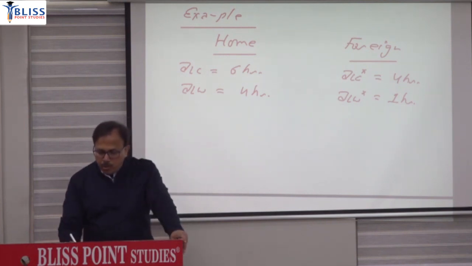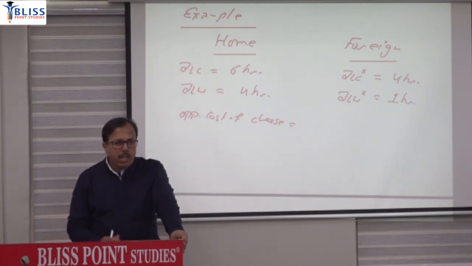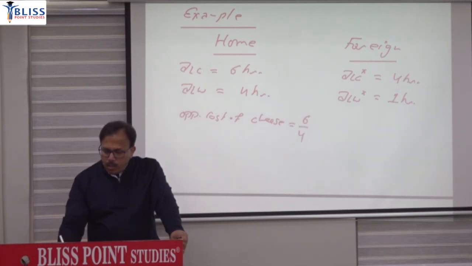So how to measure the opportunity cost? Calculate here opportunity cost of cheese. What will be opportunity cost of cheese here? ALC by ALW. So that will be 6 by 4. Calculate opportunity cost of cheese in foreign country. What is the number?